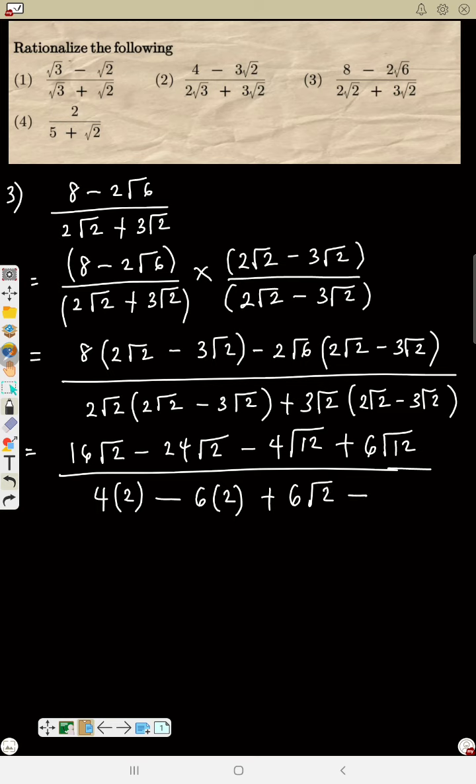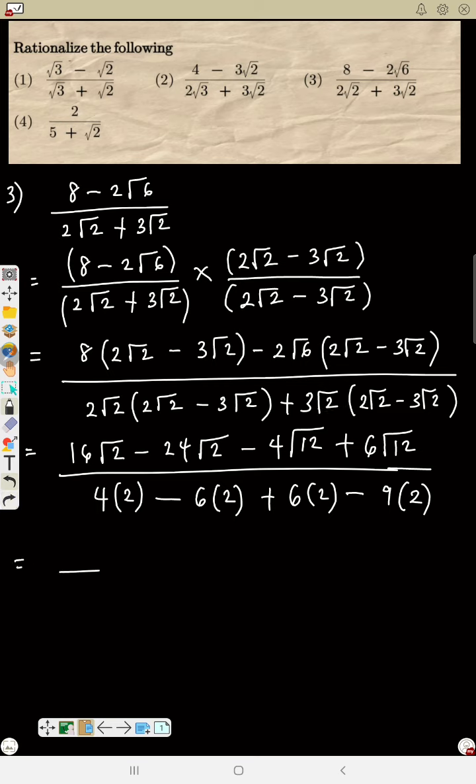Then root 2 minus bracket 2, because root 2 times root 2 is 2. Then minus 3 root 2 times 3 root 2. So that means you will say 3 times 3 first, that will be 9, brackets root 2 times root 2, that is 2.